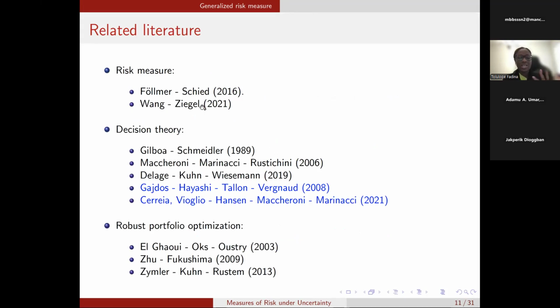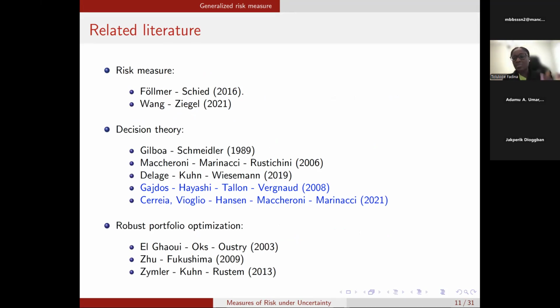So these are what we have in the literature. Some of these are related to what we did, but not exactly the same. For example, in this book by Föllmer and Schied, they introduce the robust traditional convex risk measure. This paper by Wang and Ziegel introduces the scenario risk measure. But in these papers, model uncertainty is introduced as an exogenous object. There is also a lot of literature on decision theory under model uncertainty.